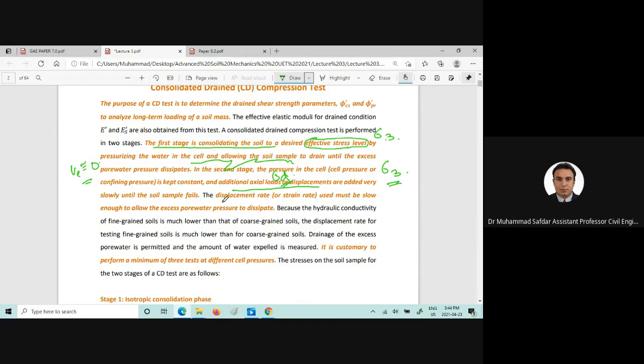Now, we can control the strain rate, and we need to shear the specimen in such a way that the excess pore water pressure is dissipated.